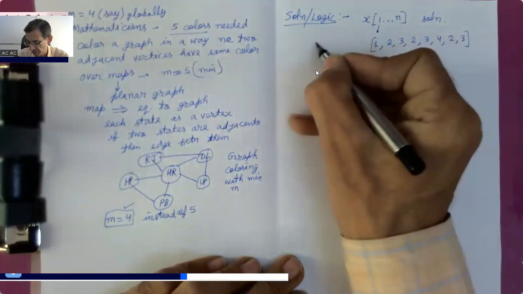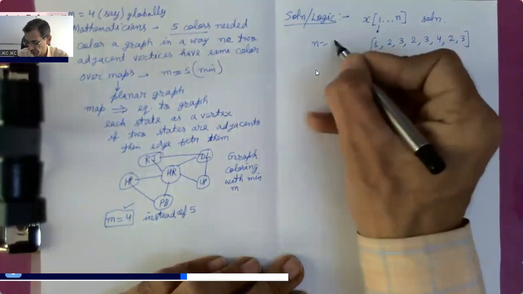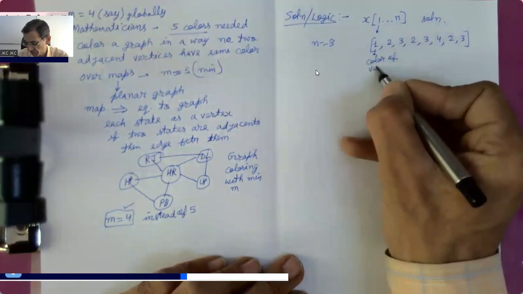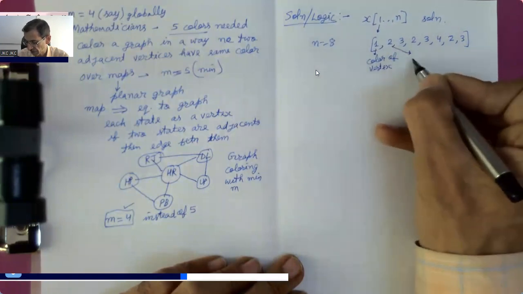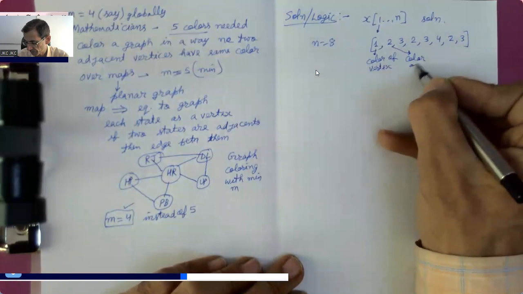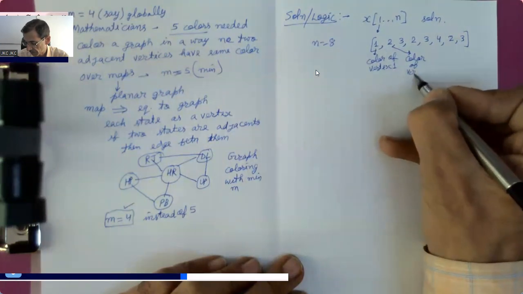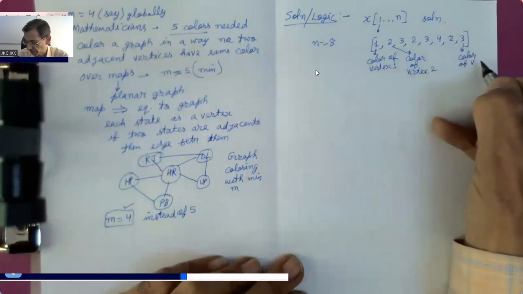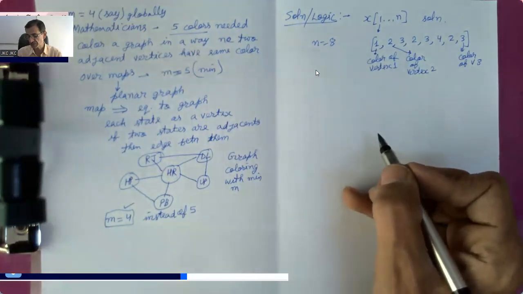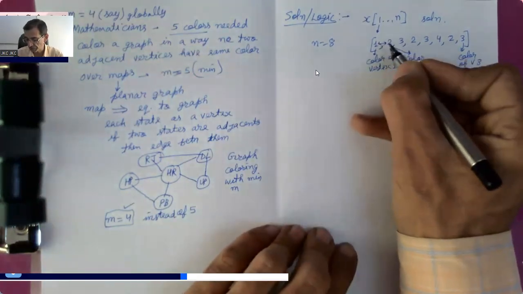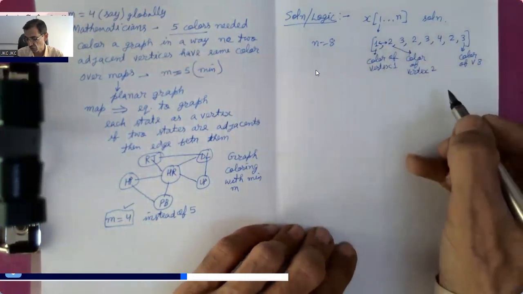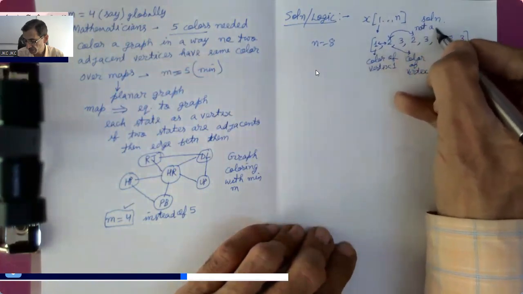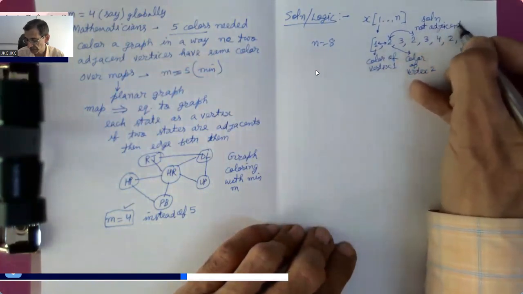So let's say if n was equal to 4 plus 4, 8, this is the color of vertex 1, this is the color of vertex 2, and this is the color of vertex 8. Obviously, this means these have to be different based on whether they were adjacent or not. 2 and 2 being the same means they are guaranteed not adjacent, and all those choices have been taken.